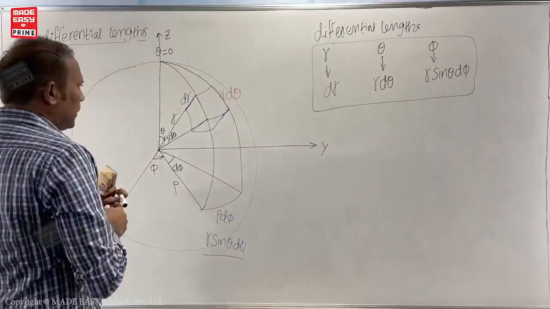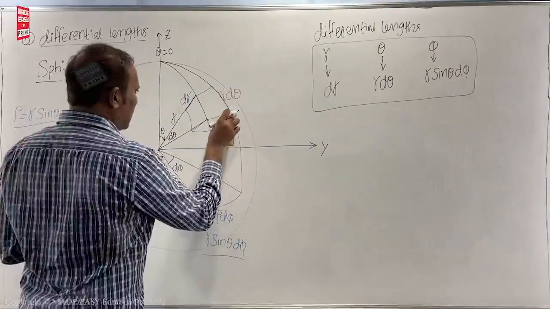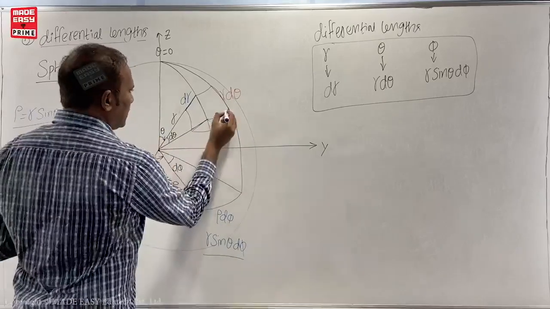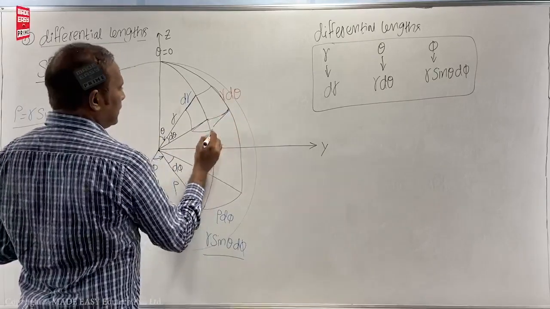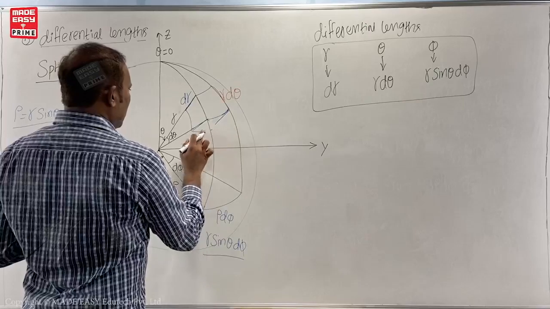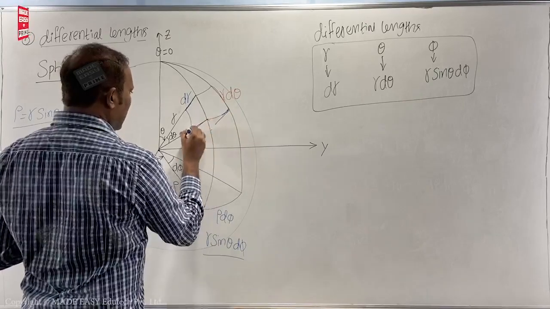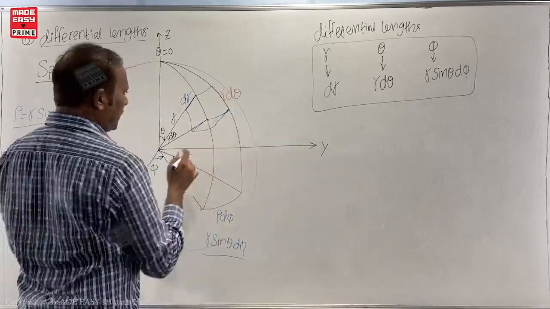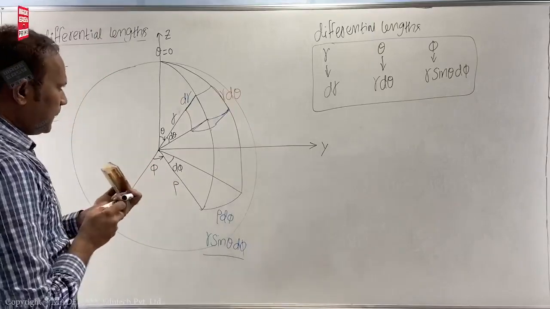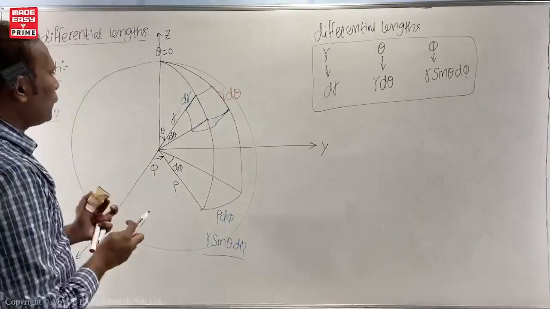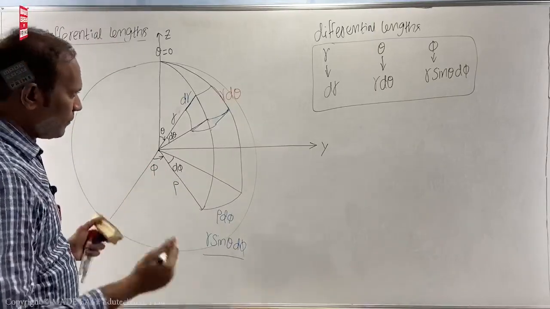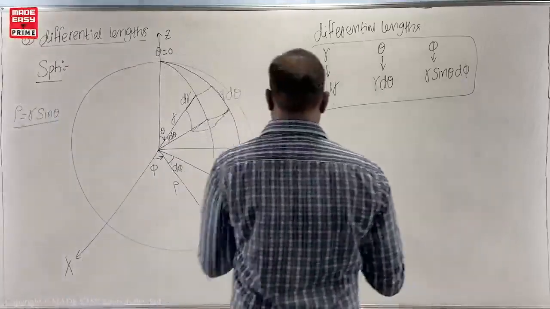So you have to make this a straight line here. This is exactly a straight line. Now you have to draw this line here like this, this is a circular line. Now ultimately I will tell you the differential length vector.